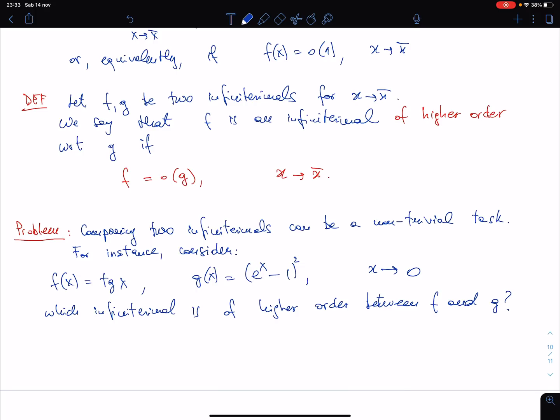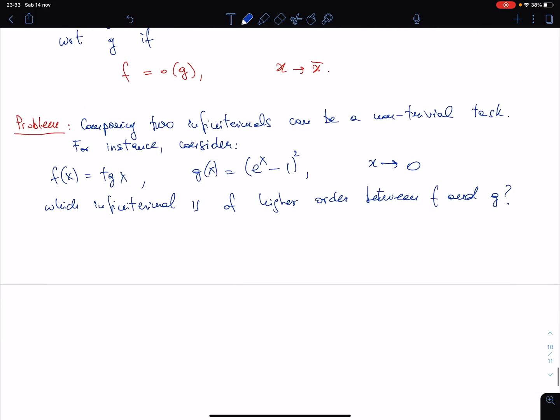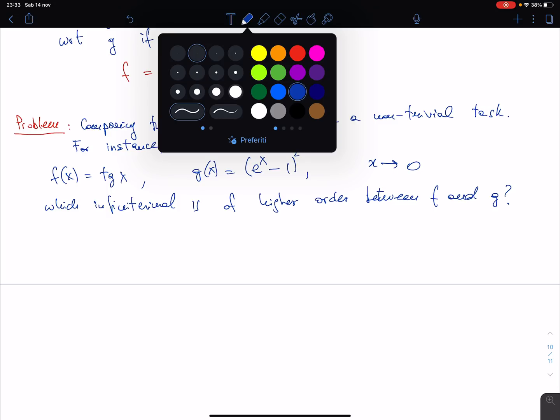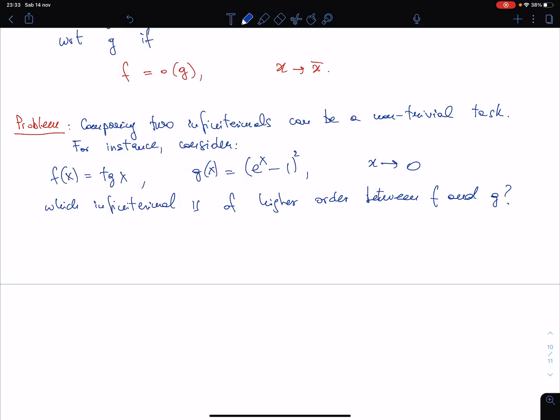This is the question we want to answer, and so it can be useful to use equivalences.